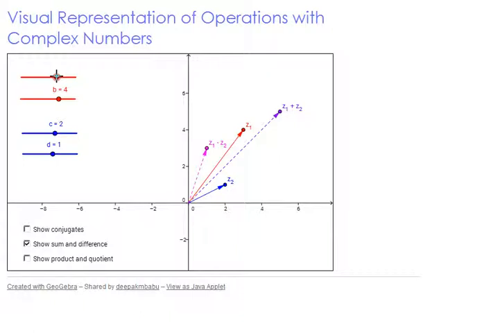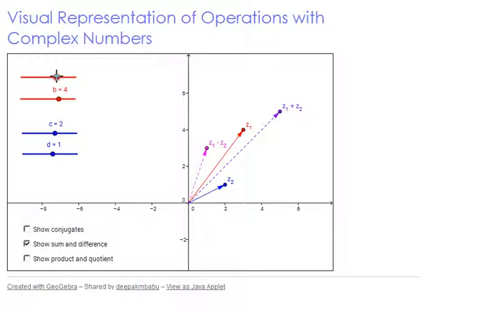When you're saying comparing, Sneha, I'm presuming you mean greater than, less than, and all that. The only comparison that is there is equal to. Z1 will be equal to Z2 if the two real parts are the same and the two imaginary parts are the same. That's the only way of comparing.